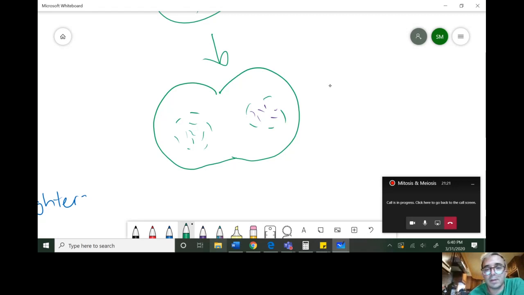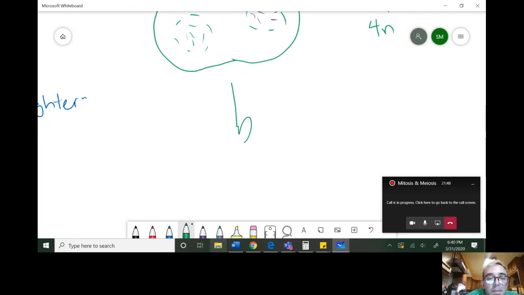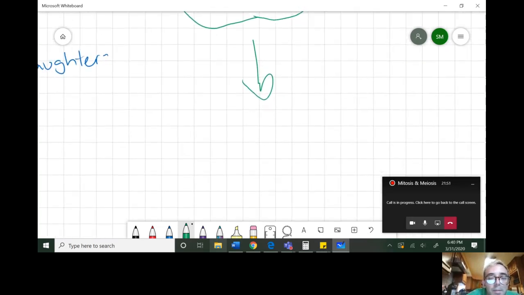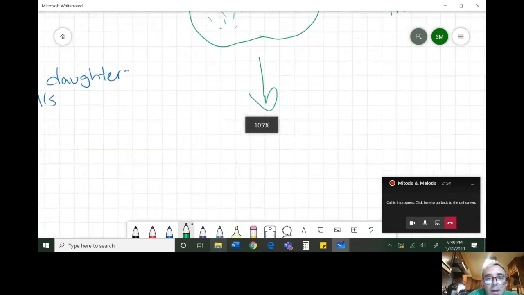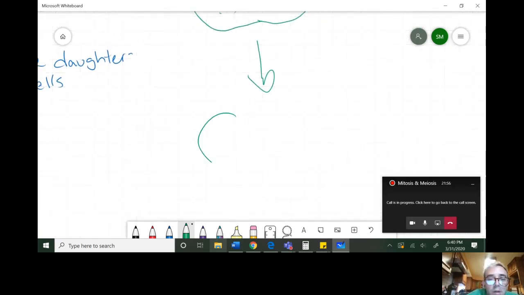Okay, telophase 1, done. Still 4N because we haven't broken up, remember. No, not technically 4N. The 2N's are separating, but they're still together. I'm not going to separate that because we care about the end product. All right, so after it's torn, we have 2 new daughter cells.